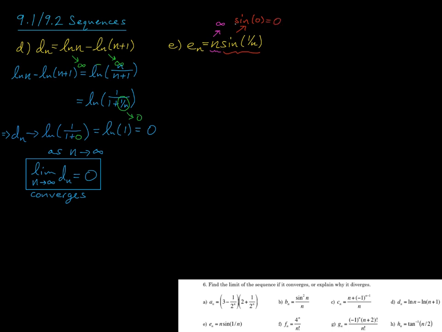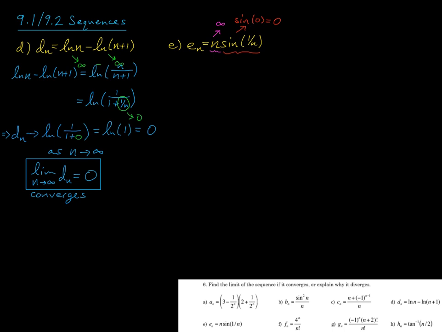So this is what's known as an infinity times 0 indeterminate form. With something blowing up times something becoming infinitely small, it's not clear what's going to happen in the limit. It has to do with the rates at which this thing gets big and this thing gets small.